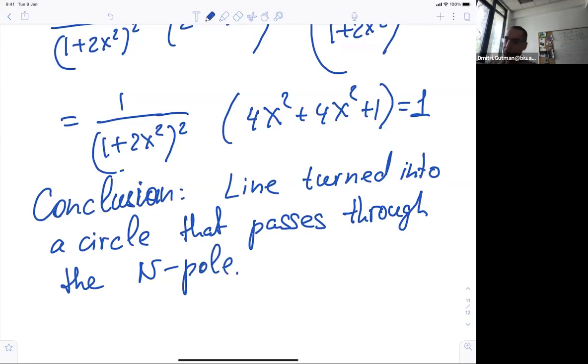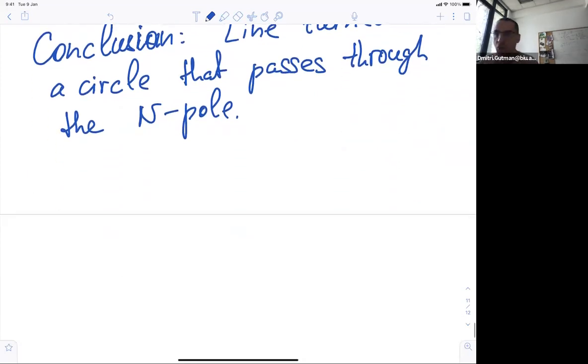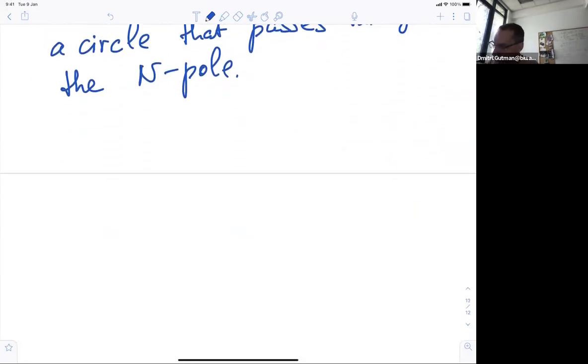Okay, we looked at it through examples because it's easy to show on examples rather than to give a general proof.